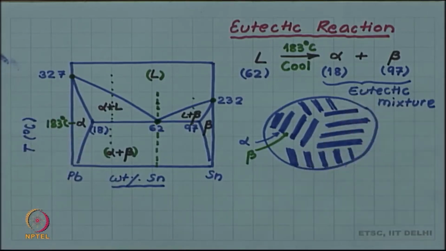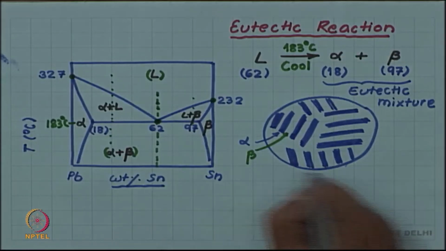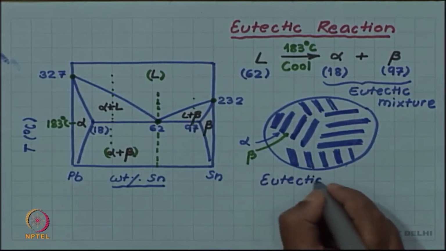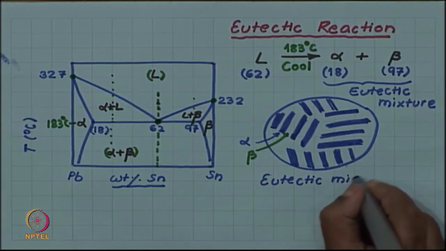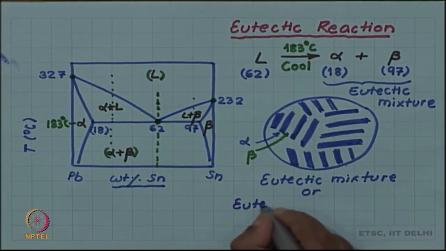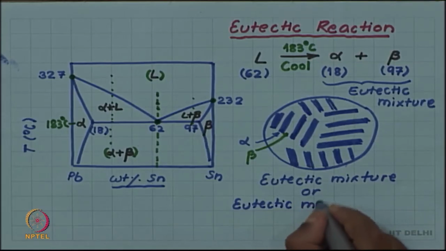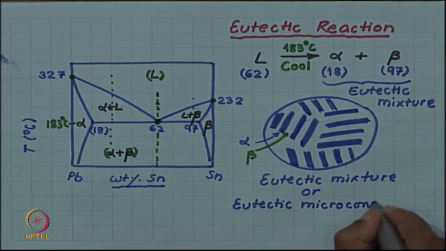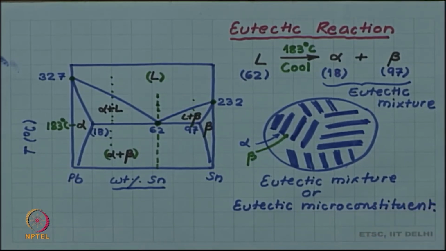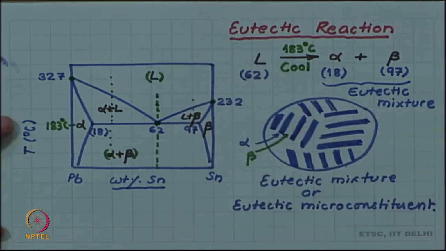So, this microstructural feature is called the eutectic micro constituent or eutectic mixture.